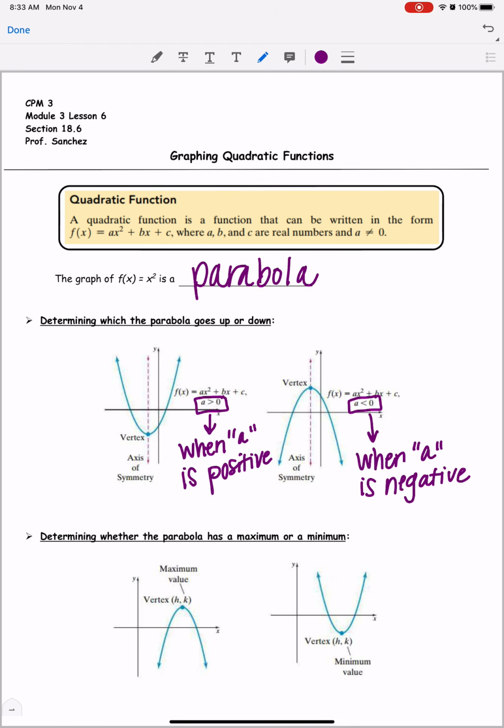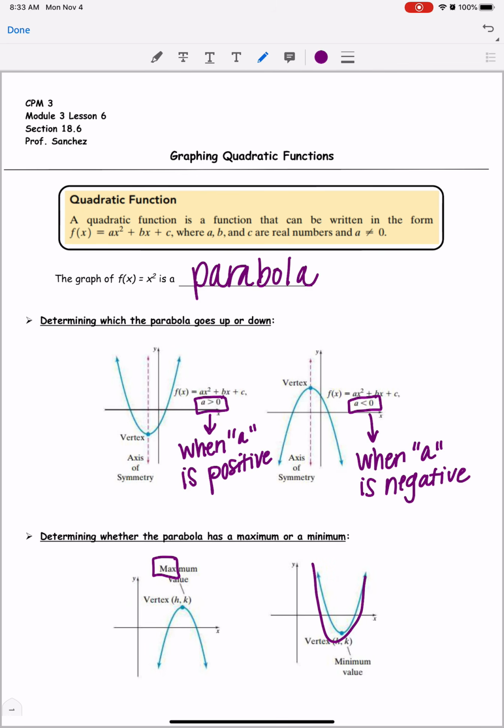So then once you determine if it goes up or down, then you can say, does it have a max or does it have a min? If it goes down, then you can see exactly how high it goes, but it's going to keep going down forever. So there's no minimum, okay? But it does have a maximum.